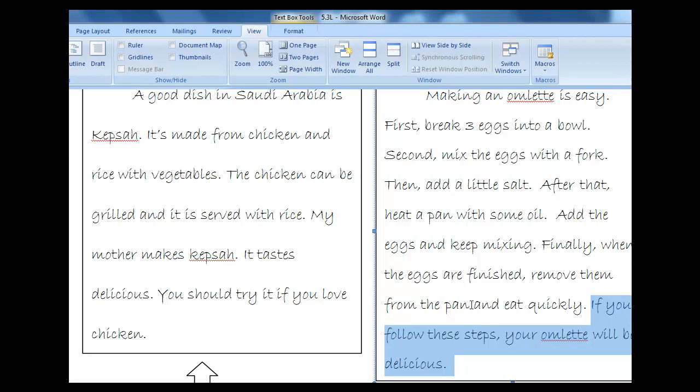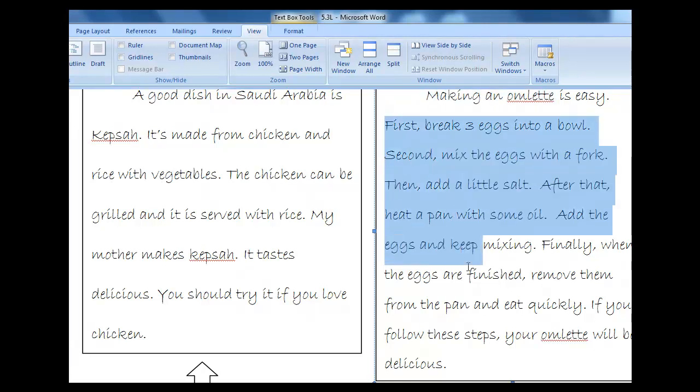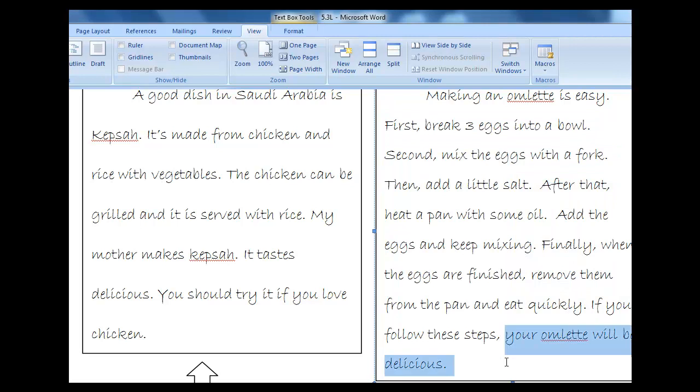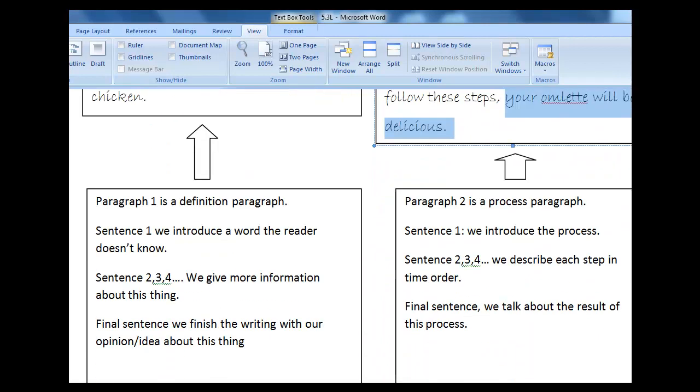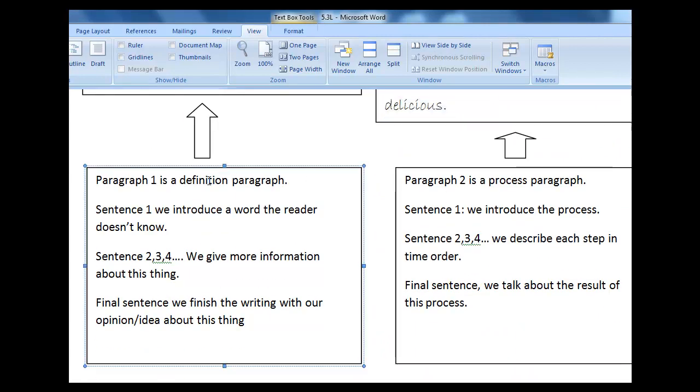Then we make an omelette. Then we talk about the omelette. If you follow these steps, your omelette is delicious. Introduce the process. Talk about each step. Then talk about the result. So we have two kinds of paragraph, a definition and a process.